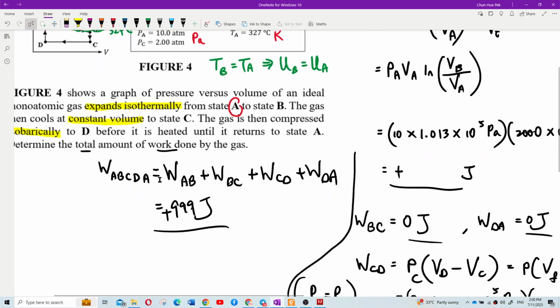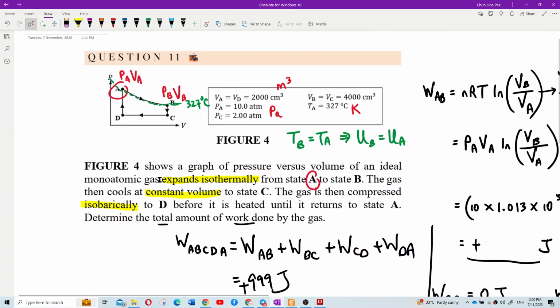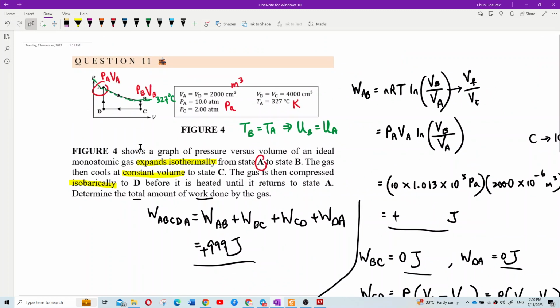This positive work done means because the expansion more than compression. You see that? Expansion more than compression. So that's why you still have positive work done. So it means this area enclosed. Because expansion more than compression, so you get a positive work done. Work done by gas. Yeah.